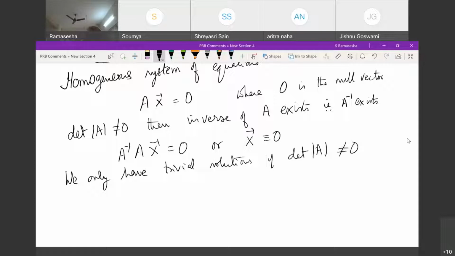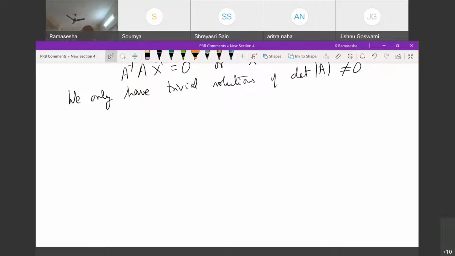Now let me look at some arbitrary system of equations. I'm not looking at a number of equations equal to number of unknowns, but at the following system: A11x1 plus A12x2 plus A1nxn is equal to 0.